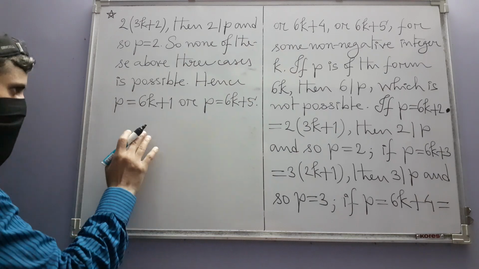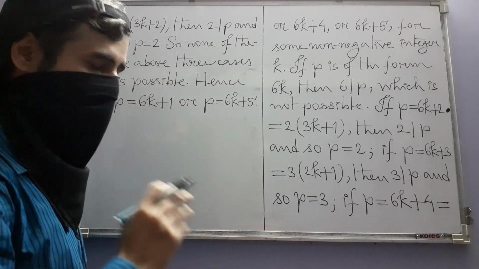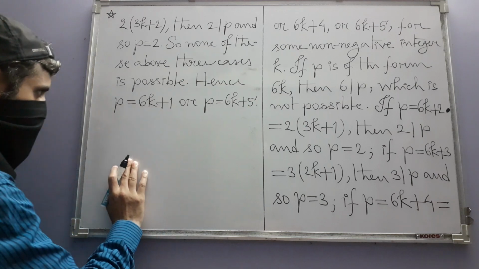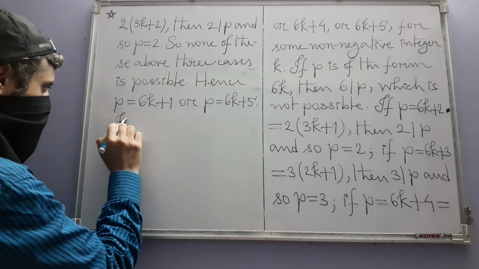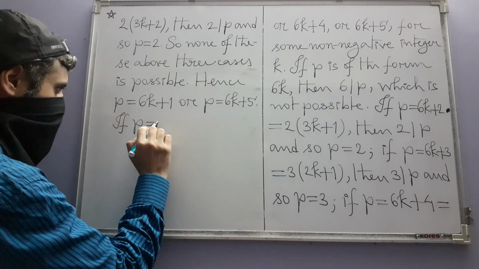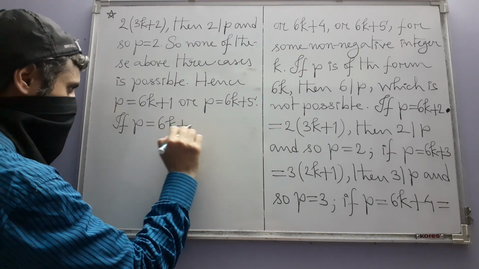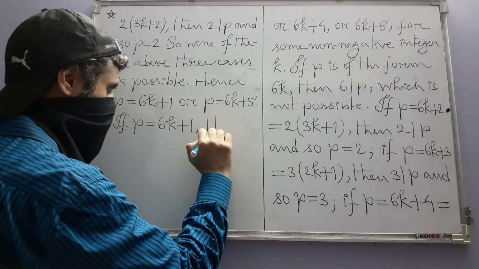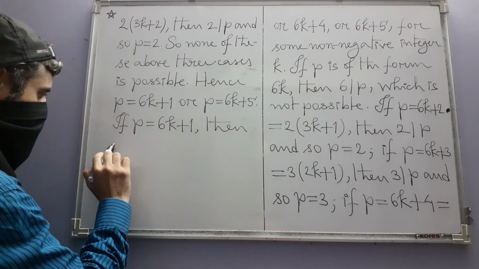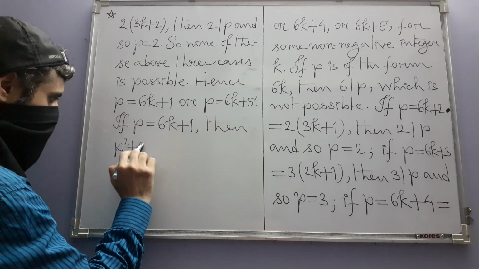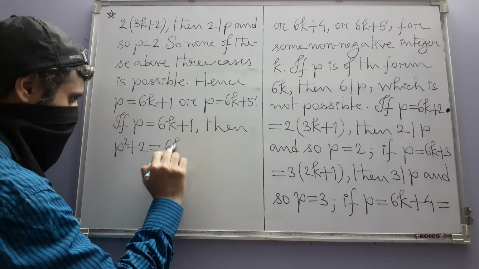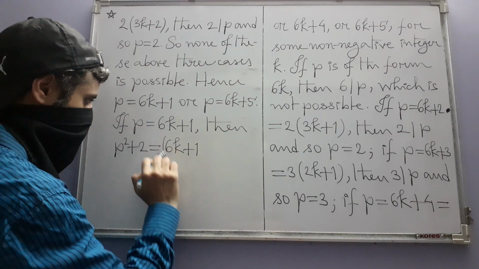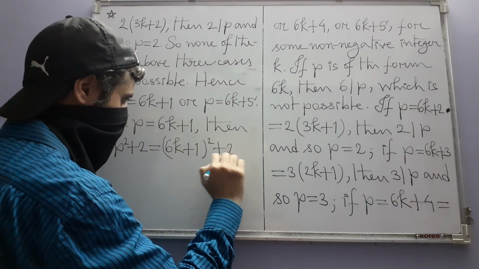Okay, now let's see what happens to p square plus 2 in each of these two cases. If p is equal to 6k plus 1, then p square plus 2 is this.